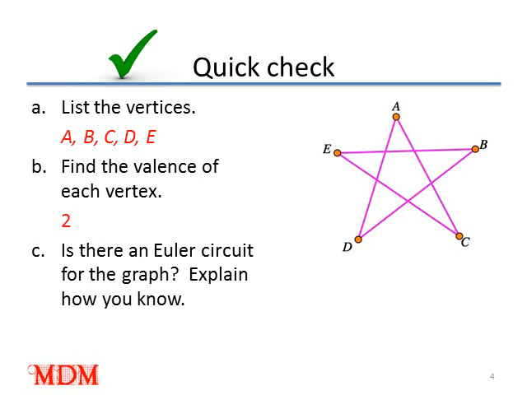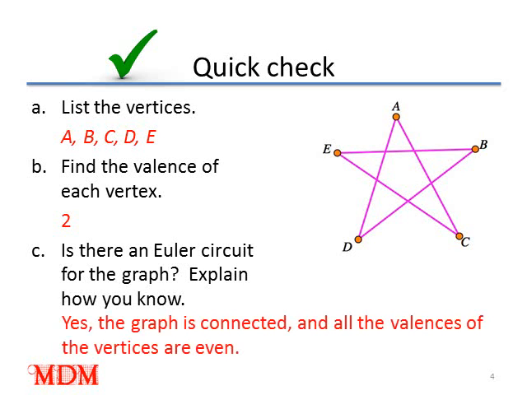We have 2 as our answer because as you look at each vertex, there are exactly 2 edges connected at the vertex. And for C, is there an Euler circuit for the graph? Yes. We know that there is one because the graph is connected and all the valences of the vertices are even. How did you do?